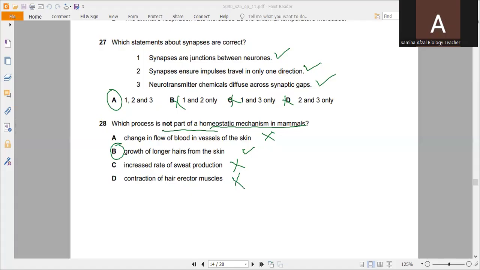When there is a change in the blood flow, vasodilation and vasoconstriction are the active mechanisms. Sweat production is also to control temperature, and the hair erector muscles also contract to insulate the body. So only growth of the longer hairs from the skin is not a homeostatic mechanism in mammals.